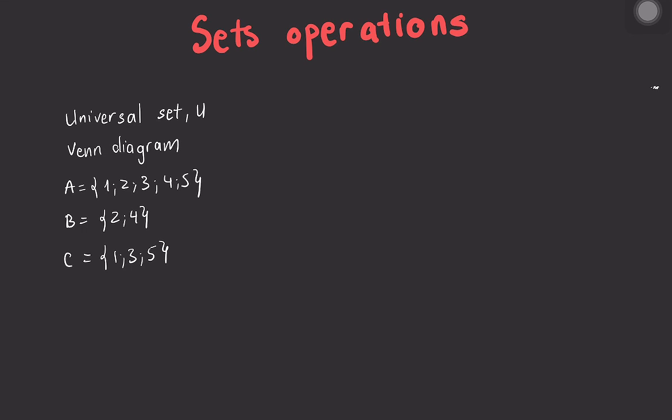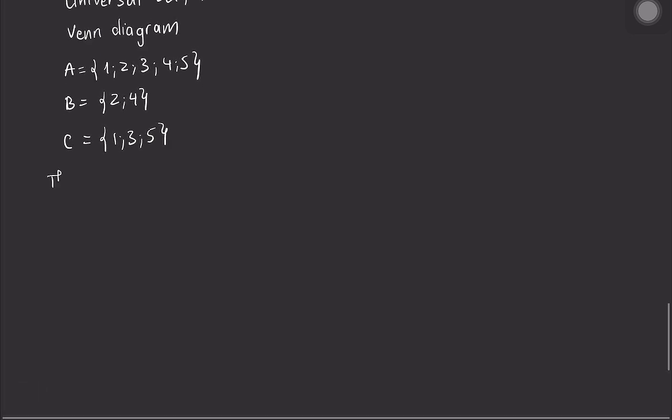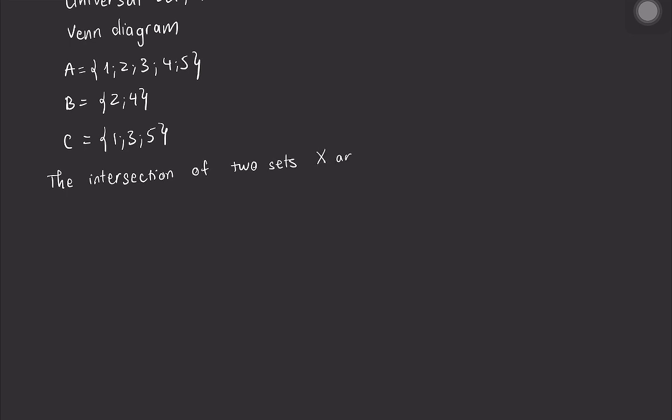So the first definition is the intersection of two sets. The intersection of two sets X and Y is the set of elements that are in both X and Y. That's very simple, right?